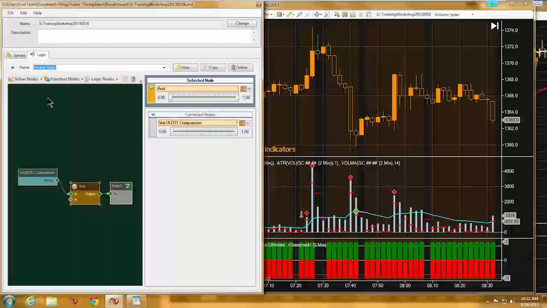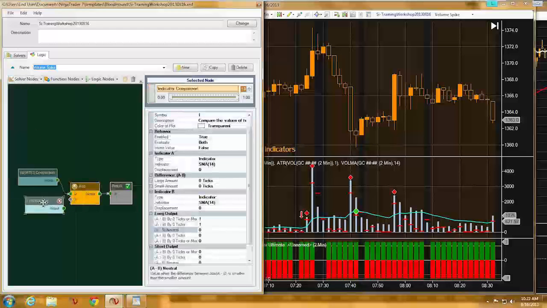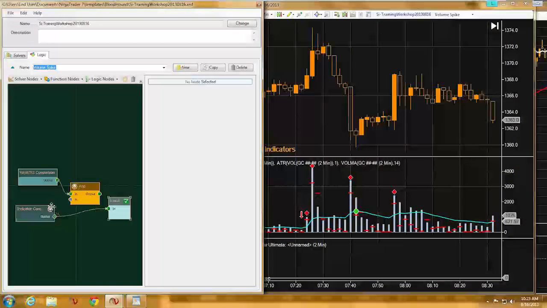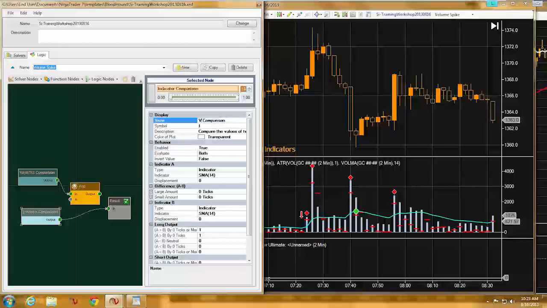There. All right, so I'm going to grab another new comparison solver, and I'm going to plug it into the result node and set it up, get it working first, and then I'll connect it to the AND node. So this time we're going to compare volume to the volume MA.